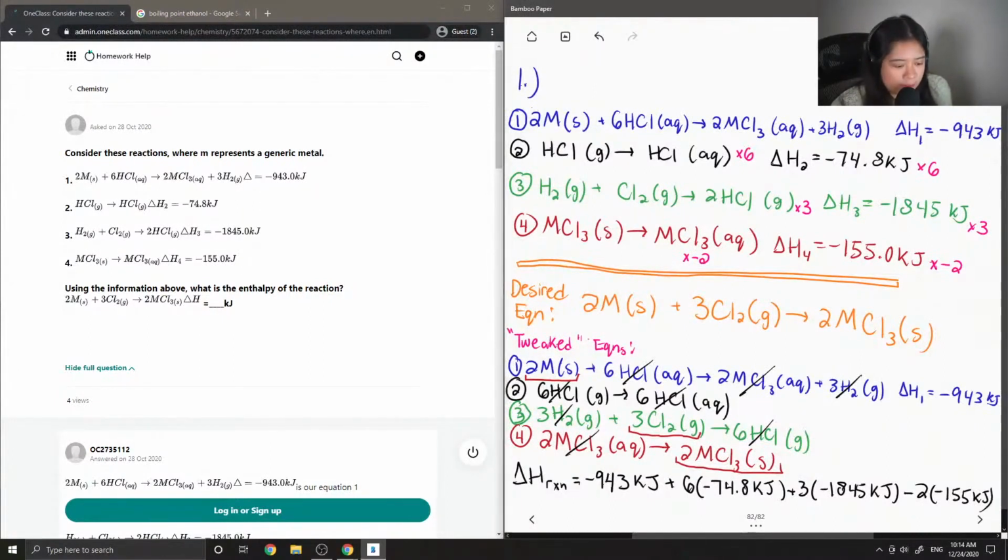And I can just quickly fit it at the bottom here. If you were to calculate what this is equal to, you should end up with negative 6,616.8 kilojoules. So this is the enthalpy of the reaction.